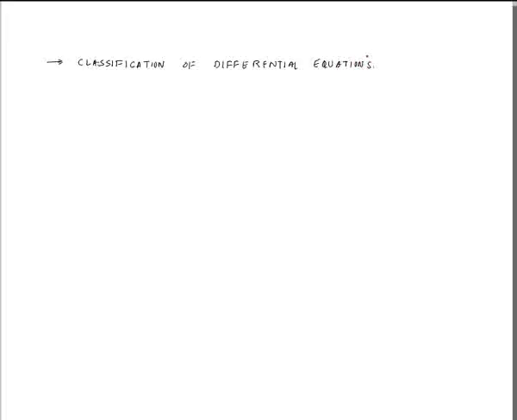There are various ways in which differential equations are classified. The first way is based on the variables with respect to which the derivatives appear in the equation. So basically, based on the number of independent variables.